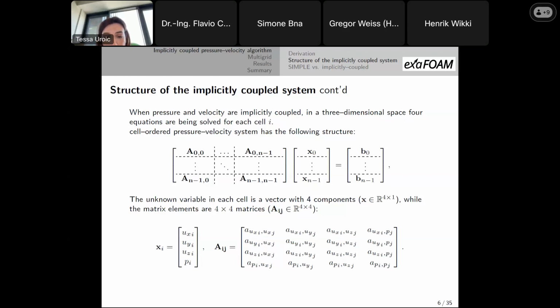And the corresponding matrix elements, shown here on the right-hand side as Aij, will be matrices themselves, where elements of these blocks represent the coupling between different variables in the same cell. So how ux in cell i depends on u in cell j, and so on. Next slide, please.